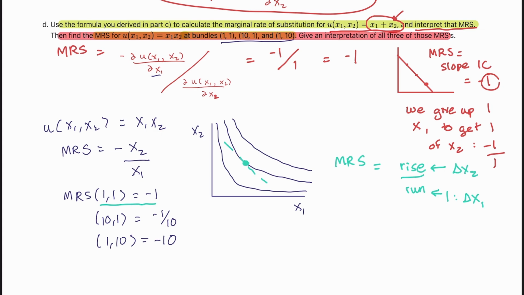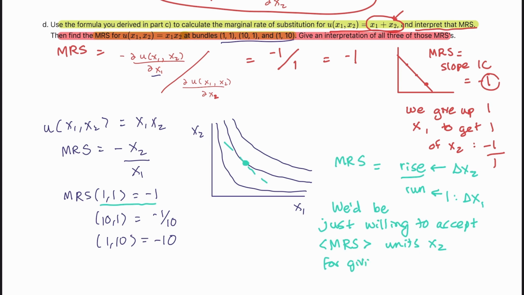So the interpretation of the MRS is we'd be just willing to accept, whatever that MRS is, MRS units of x2 for giving up 1 unit of x1.